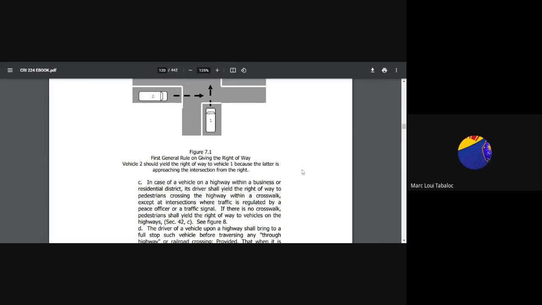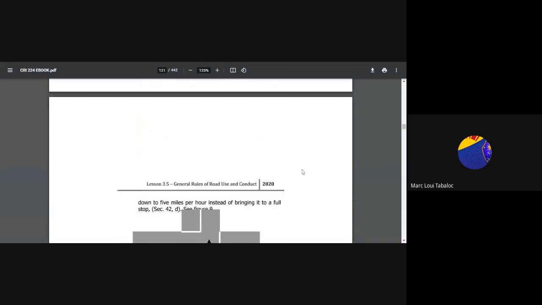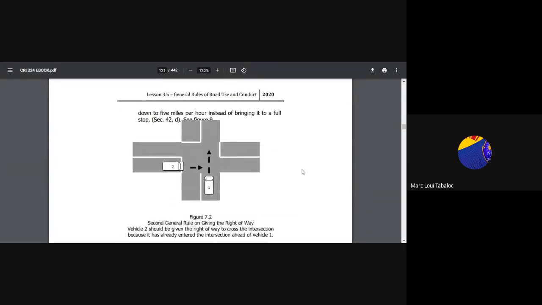What if the roadway or the intersection is in a business area, a residential area, or places that are crowded? Still the same upon entering an intersection.